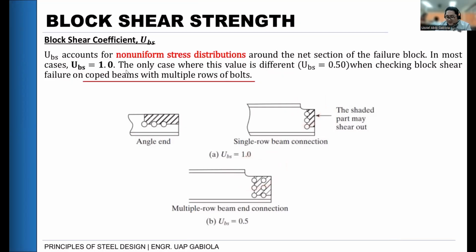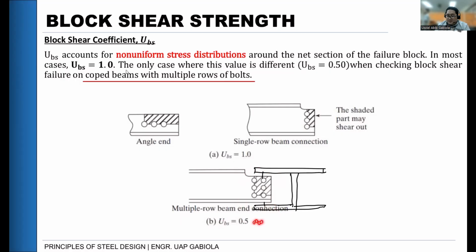Let's say we have a wide flange here, and another wide flange here. And we need to connect that member there. So to connect it, and to make the flanges of the connecting member level with another flange, we need to chamfer the top portion of the flange so it can fit into the web and be connected to the other member. Okay? And it will be 0.5 only when there is more than one row of bolts in our connection.